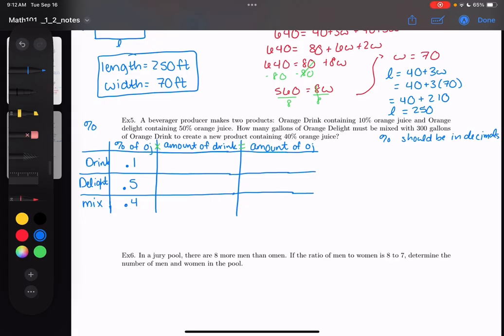Now let's look at my amount of liquid. It says how many gallons of the orange delight have to be mixed with 300 gallons of orange drink. So I know that the orange drink is 300 gallons.